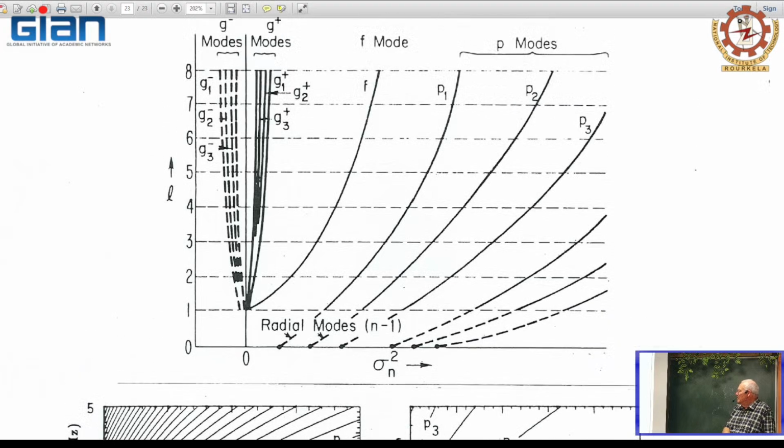Okay, so what we are left with now is, we can go and calculate the spectrum of non-radial adiabatic modes for a given stellar model. Well, many stars are sufficiently well described by the adiabatic approximation, and for these stars, which include our Sun, we can determine the adiabatic spectrum, or in other words, the spectrum of non-radial adiabatic modes.